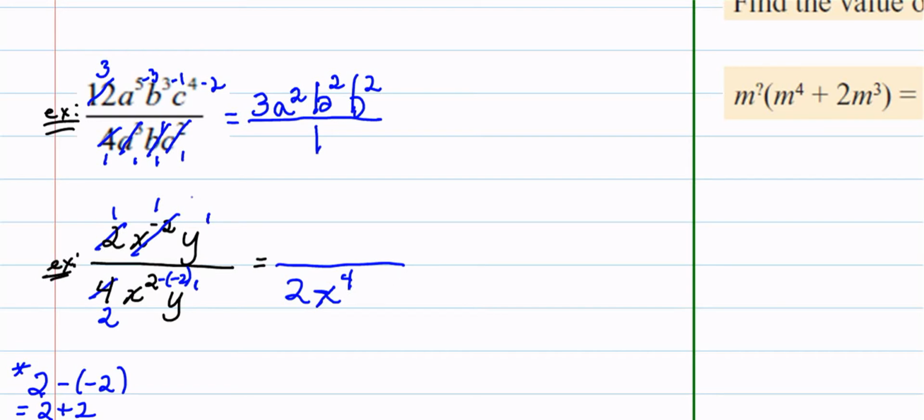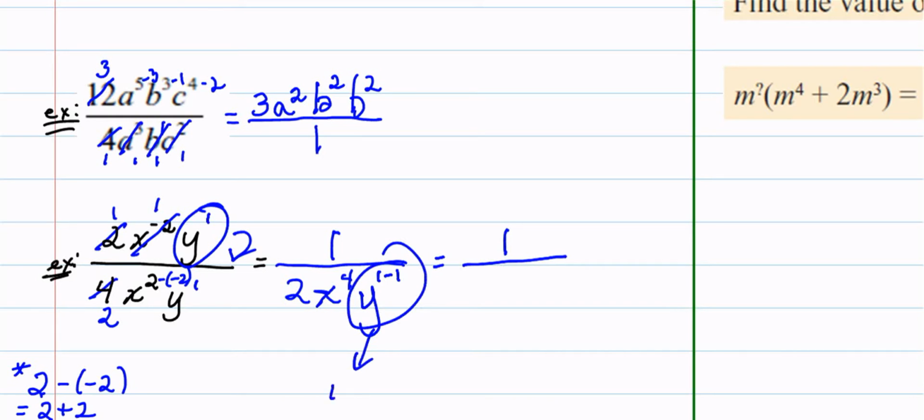Let's say I want to take this guy down to the denominator and subtract and use the rule. What am I going to have? I'm going to have y to the 1 minus 1. Look, I'll take this another step for you just to show you. 1 is left in my numerator, and what happens to this guy? This is going to be y to the 0, which is just 1.